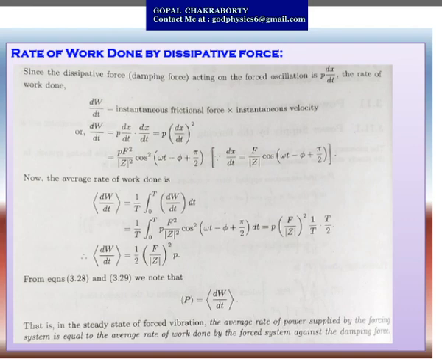Substituting that value, we get dW/dt equals half of (A by mod of Z) whole squared into P. This is the average rate of work done by the system executing forced vibration.